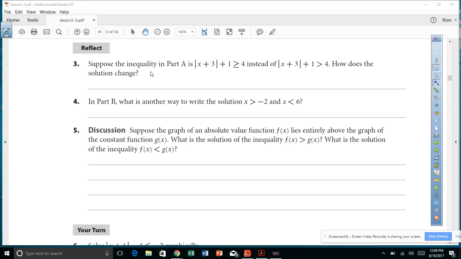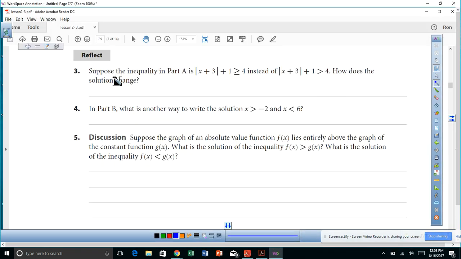Well, since this says greater than or equal to, and that says just greater than, the solution now includes the endpoints: x is less than or equal to -6, or x is greater than or equal to 2, or 0. It now includes the endpoints.